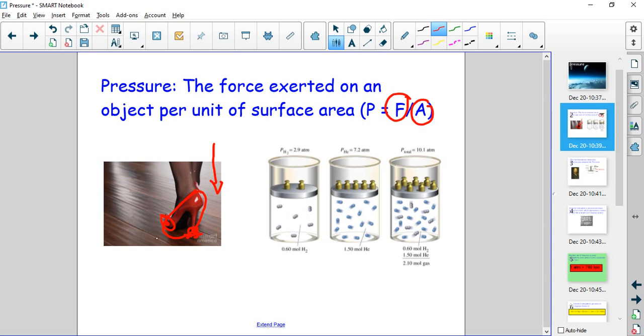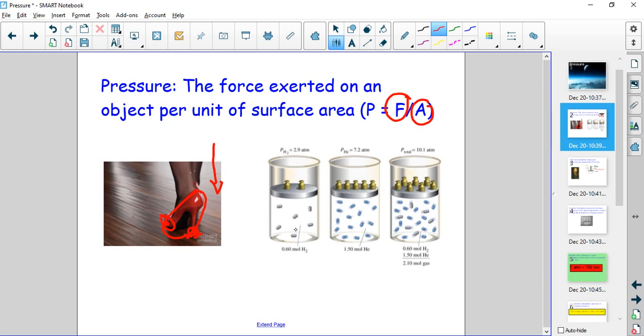Now, that is a different scenario when we're looking at pressure because of gas or atmospheric pressure, but the idea is still the same. When we look at a gas, we can see different amounts of pressure based on the different number of moles of gas in the same volume, adding to increasing pressures, as we see in this picture.